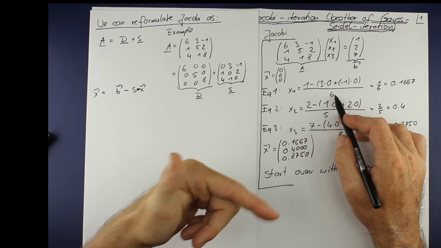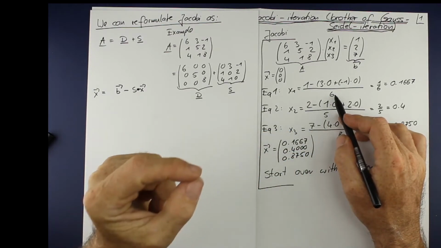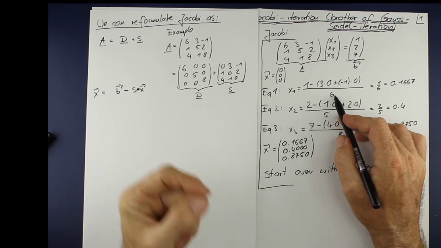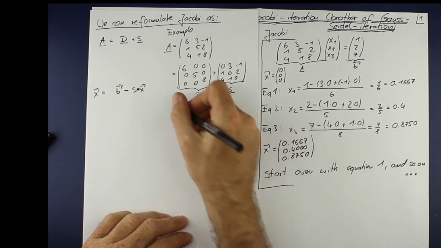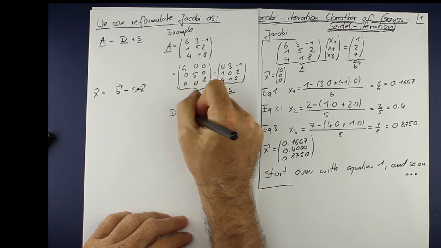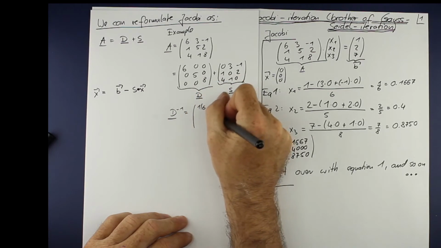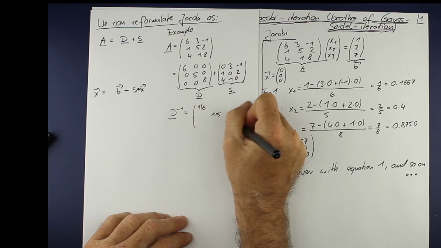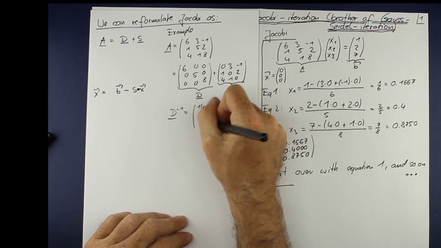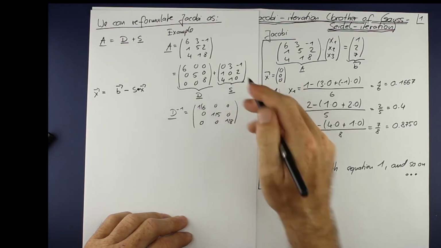We can also multiply by 1 divided by 6, and that we can write by the inverse of D, which is 1 divided by 6, 1 divided by 5, and 1 divided by 8. This is only true for diagonal matrices.